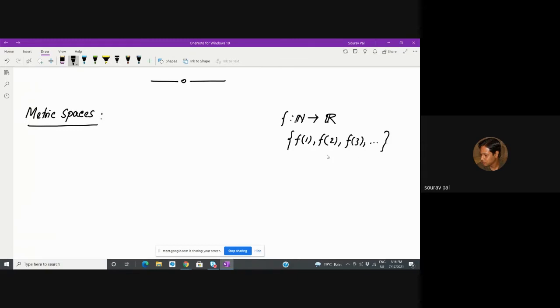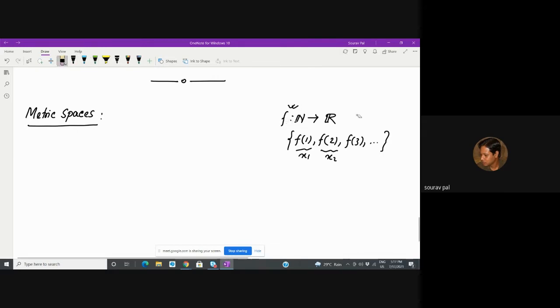This is what we call a sequence. Sometimes we call it Xn, where X1 is F1, X2 is F2, and so on. So we just look at the range set of F, but it is indeed a function from N to R.